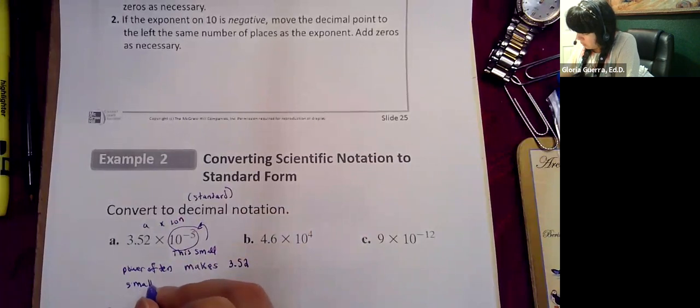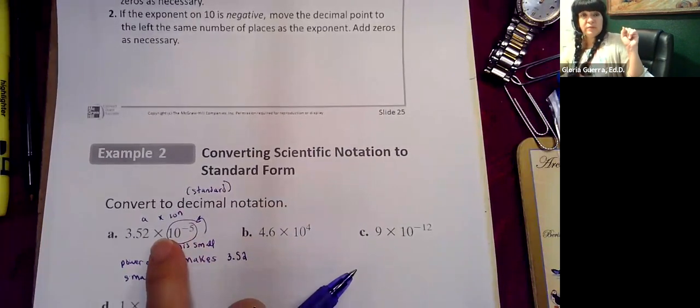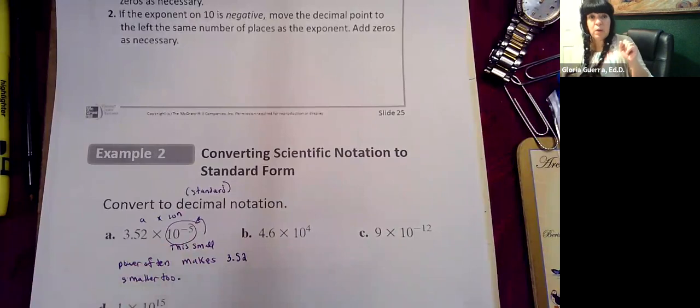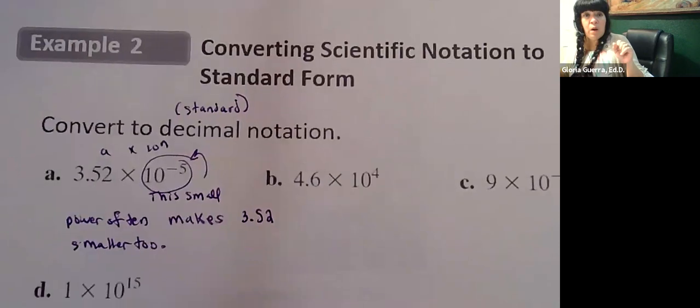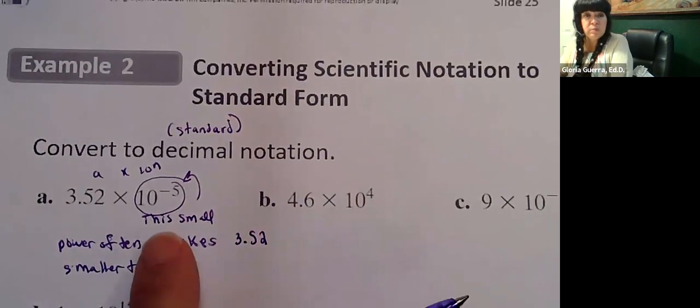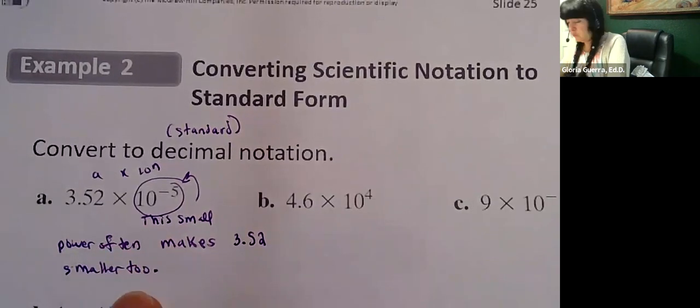This small power of 10 makes the 3.52 smaller too. So this is a small number and you multiply it times this, that makes this small also.